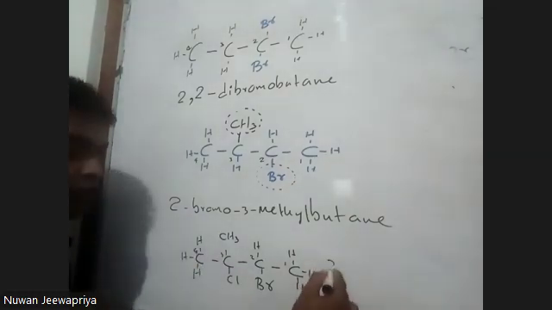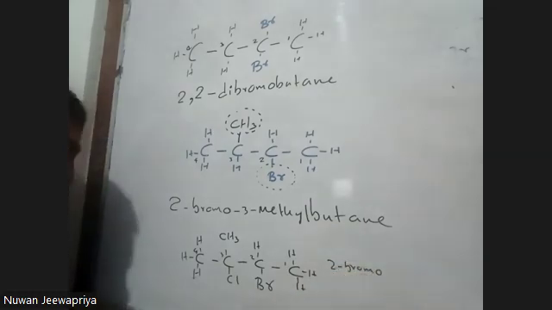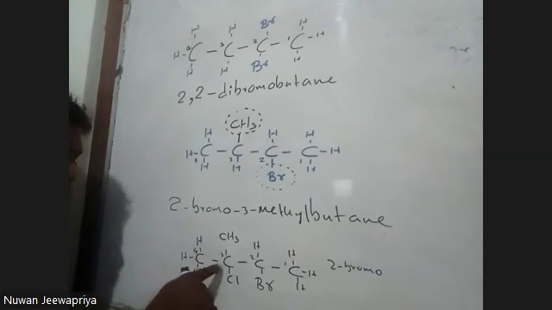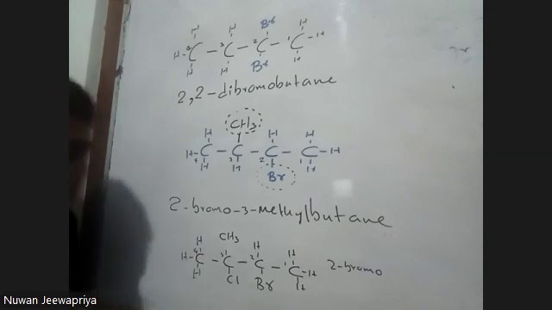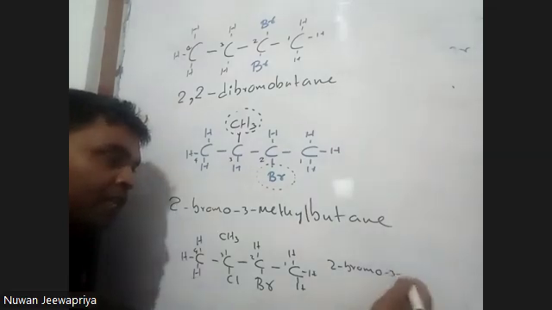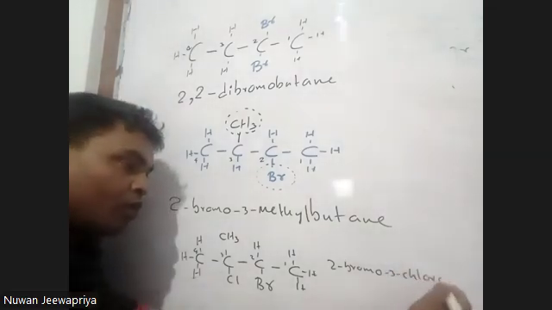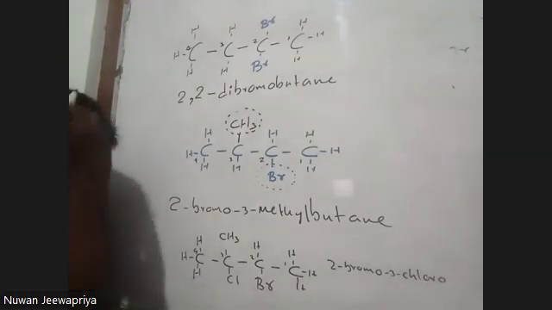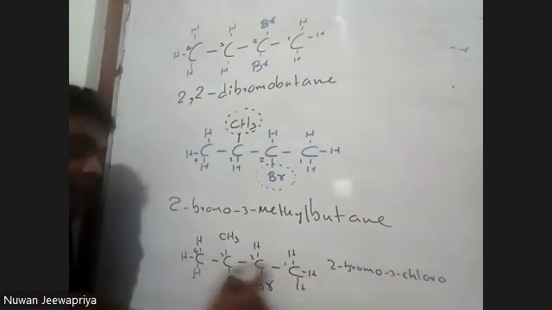The second carbon has bromine. How do you say that? 2-bromo. The third carbon has chlorine. After B comes C, chlorine. For C comes 3-chloro. Then again, I don't have the space there, so I write it this way.